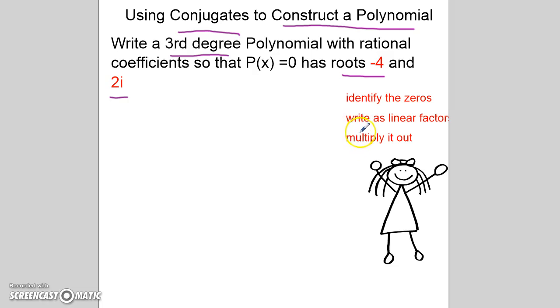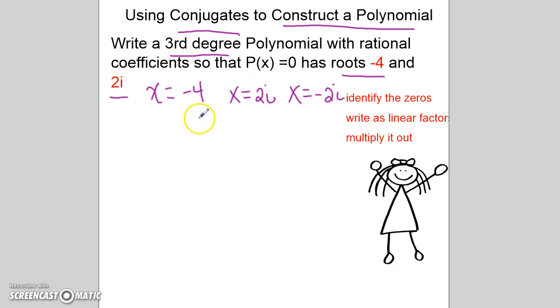So first, our zeros are negative 4, 2i, and because it's third degree and complex numbers come in pairs, x equals negative 2i.